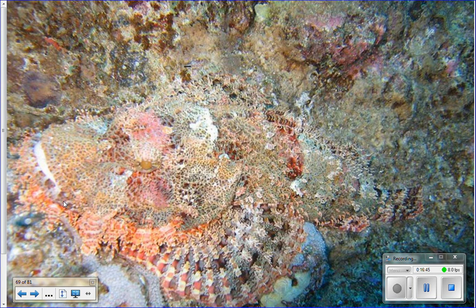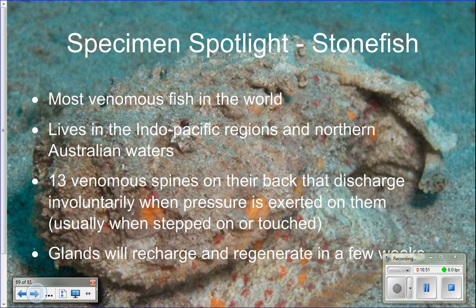Okay, so this is the stonefish. So the stonefish is our first specimen spotlight of the semester, guys. The stonefish is the most venomous fish in the world. Okay? So yeah, it's the most poisonous fish in the world.